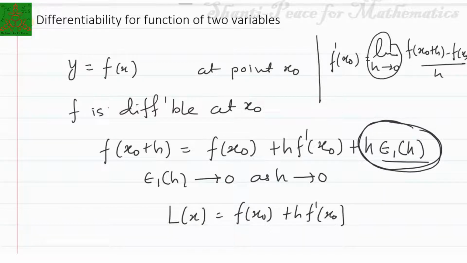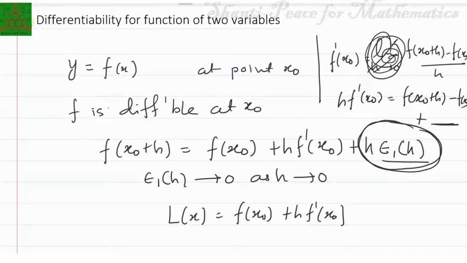If you multiply by h, and I am not writing the limit here, then h into f dash of x0 is equal to f of x0 plus h minus f of x0 plus some error terms, because you are not writing the limit right now.